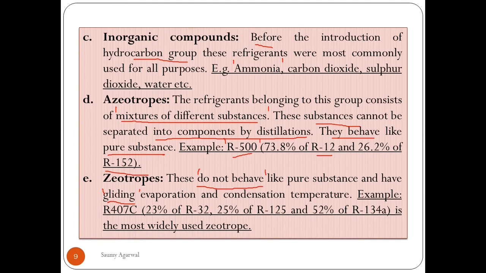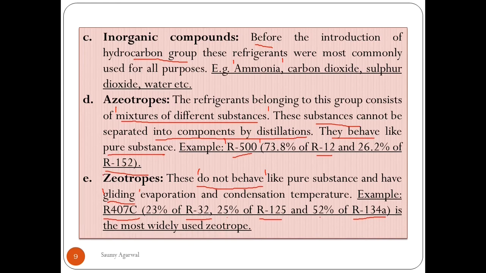They do not have a fixed boiling point, they have a gliding range of temperature. We can call that temperature glide. An example is R407C, a mixture of R32, R125, and R134a, having concentrations of 23%, 25%, and 52% respectively.